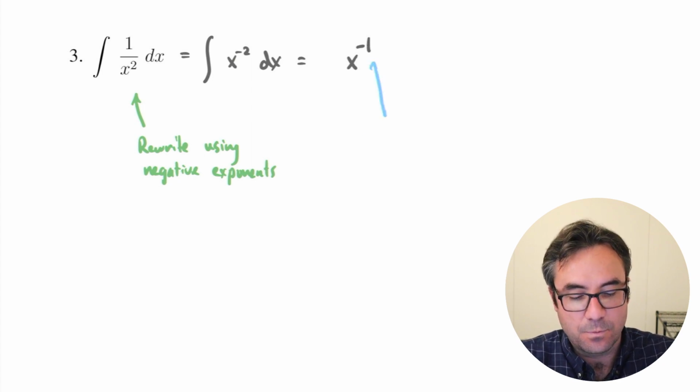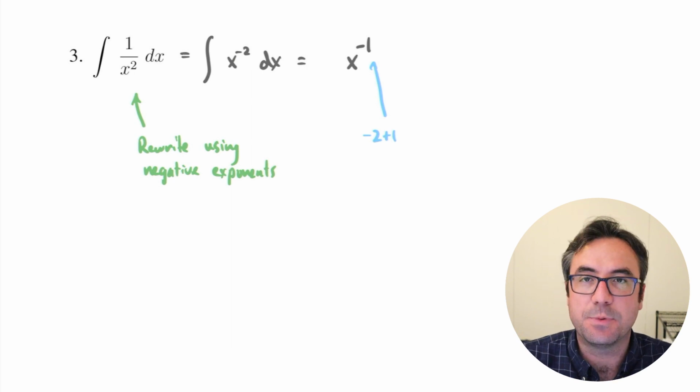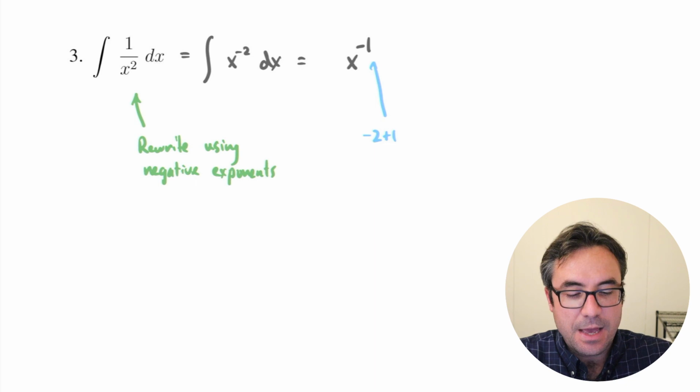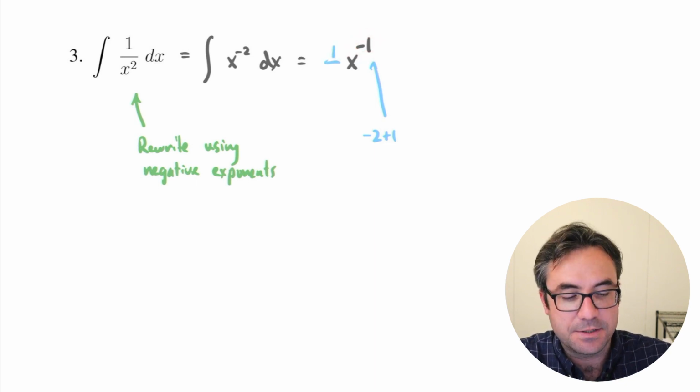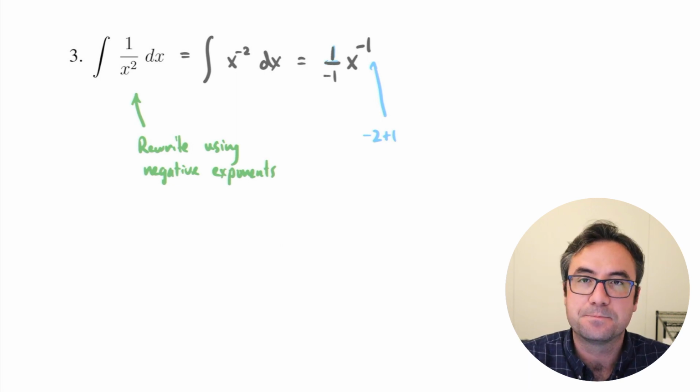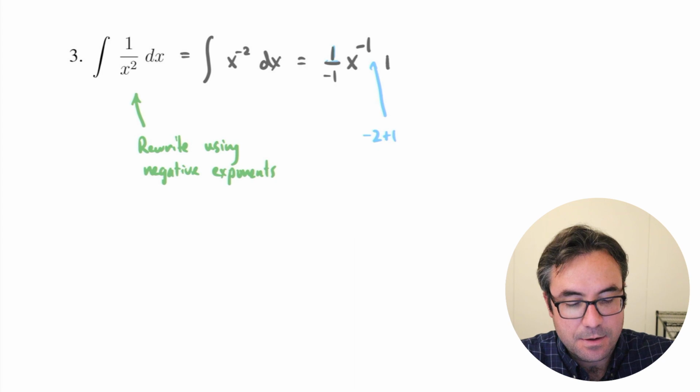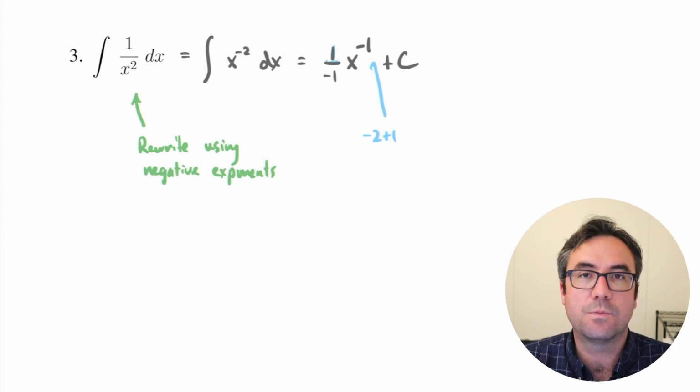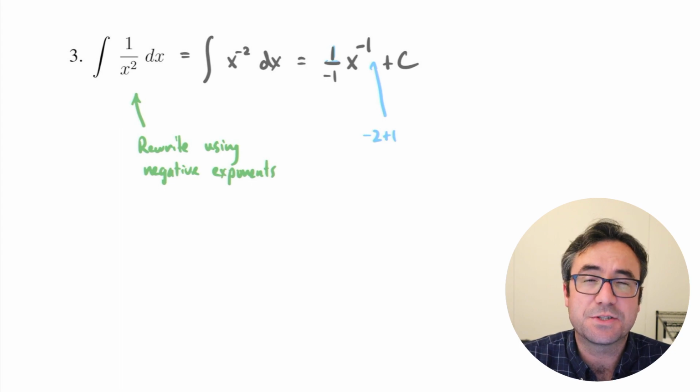Again, the way we're getting this new exponent is we're taking our old one and adding 1 to it. Then we take our new exponent, flip it, and put it in front. So we're going to end up with 1 over -1. And as soon as we're done with our power rule there, we throw on the plus c at the end.